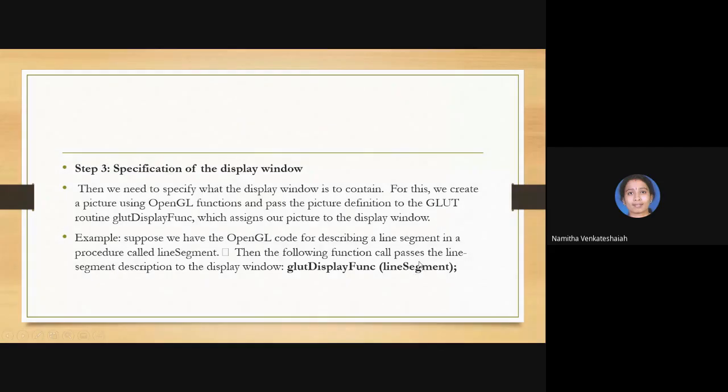Whichever function is responsible for drawing something, that you will be passing as the argument to the display function. Are you able to understand? There is a function line segment, or there can be any other function which will draw graphics-related stuff. That function name itself will act as the parameter to the glutDisplayFunc function.